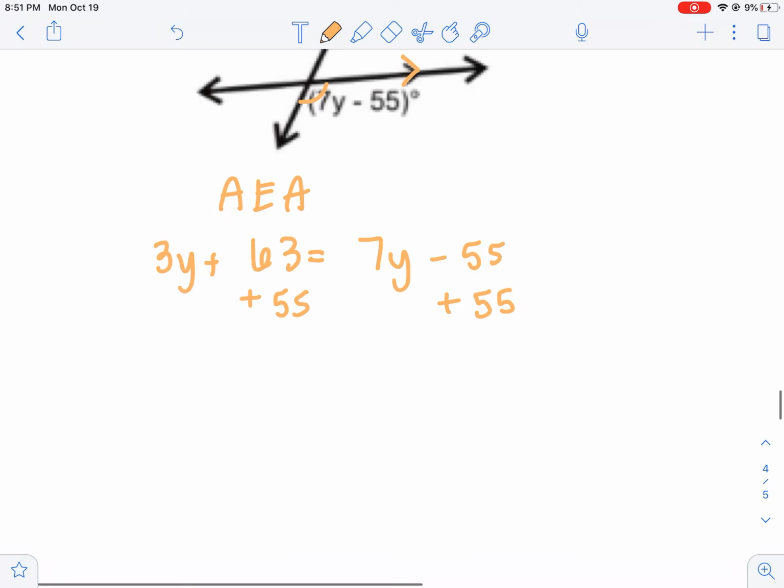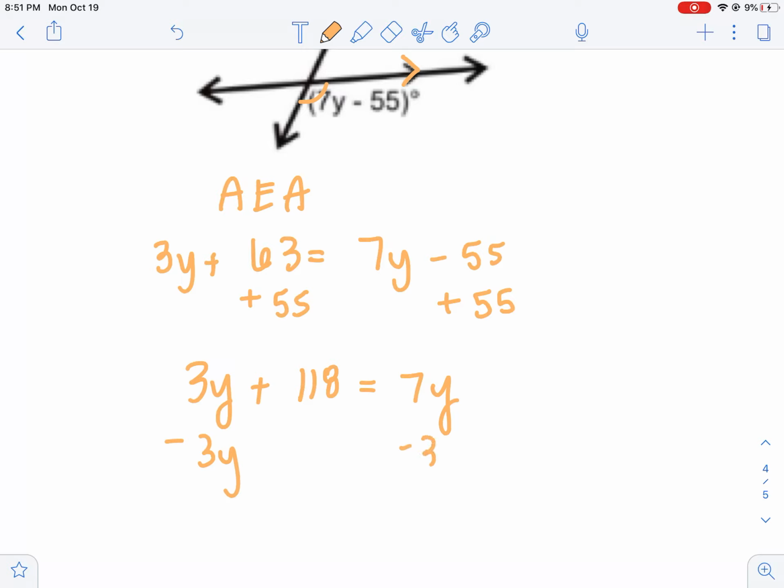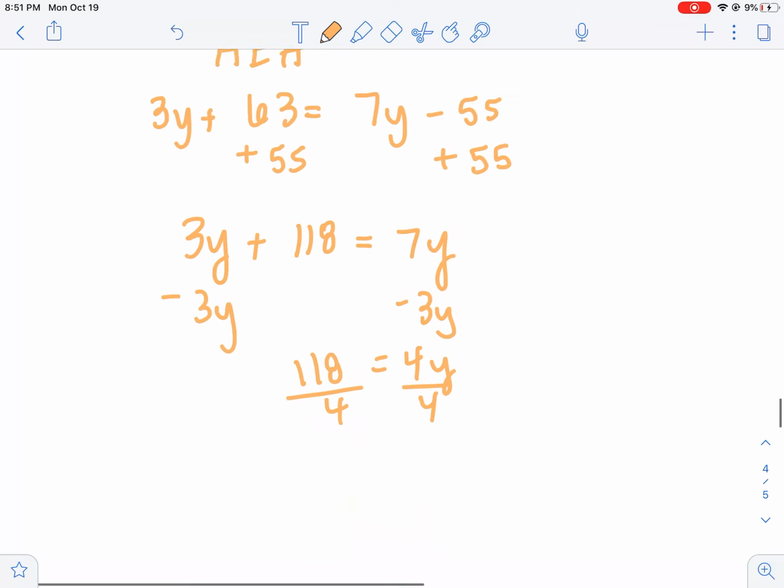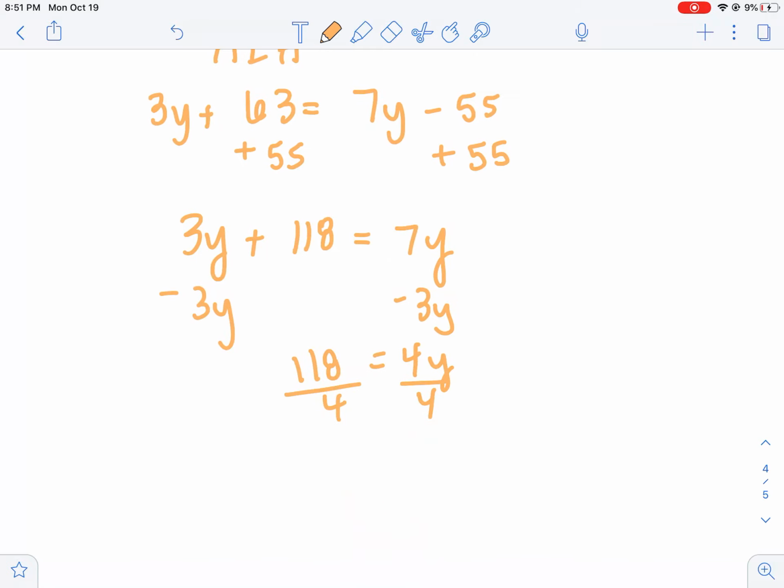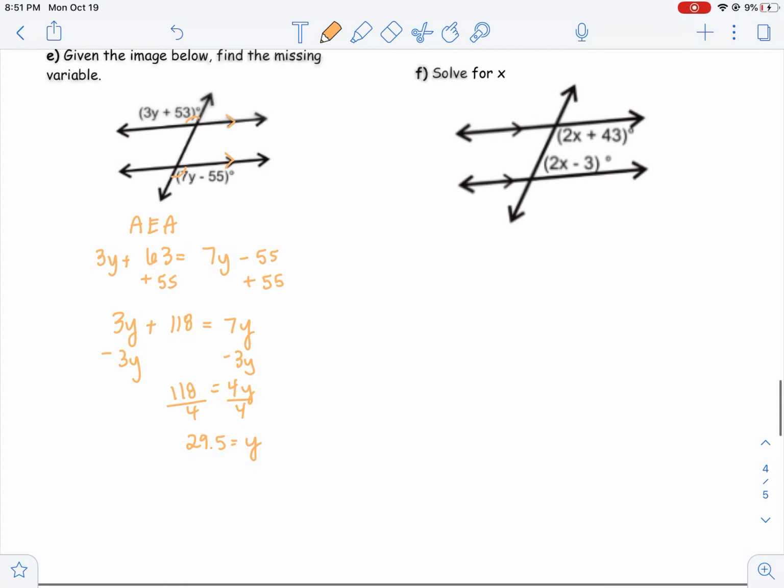I'm going to check myself every time. All right, let's get rid of those y's. And y is equal to 29.5.